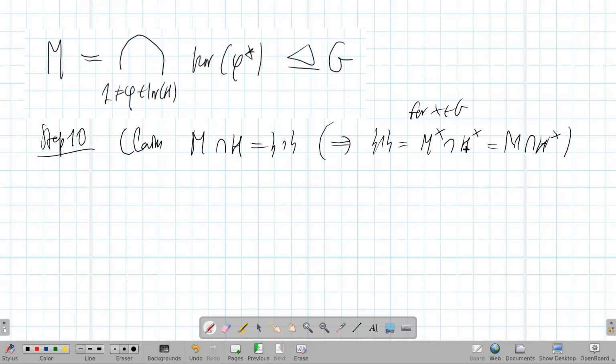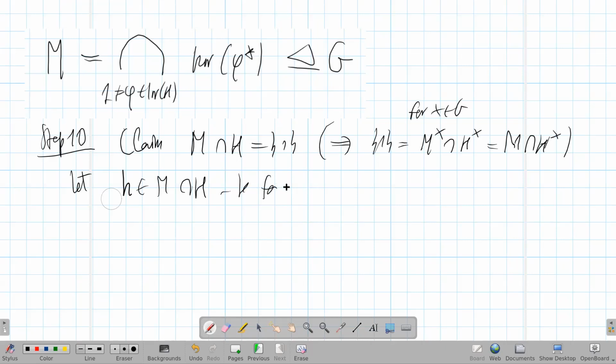How do we prove this? Well, okay. So let's say, let's call it h, it's simpler. Suppose that h is in M intersect H, okay?